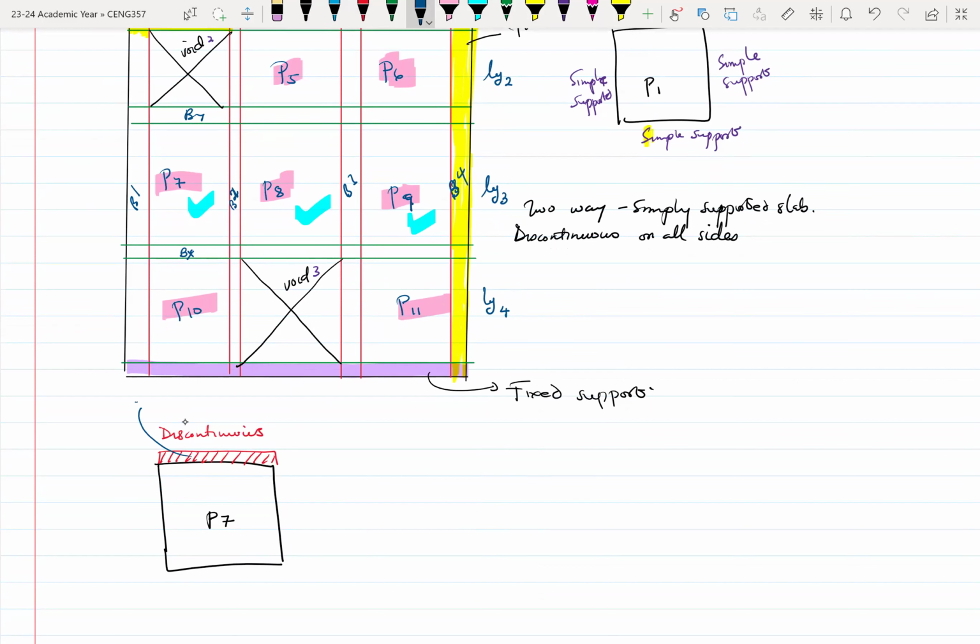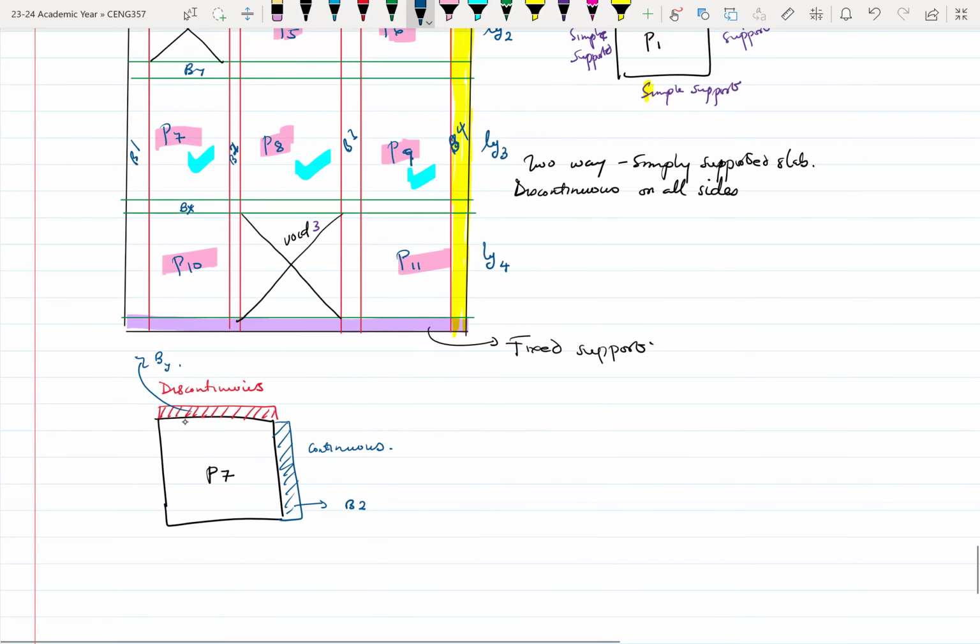This is our BY, and then if you come to the beam on the side, okay, this one is our beam B2. Because there's another panel on the right, which is panel 8, it makes this support a continuous support.